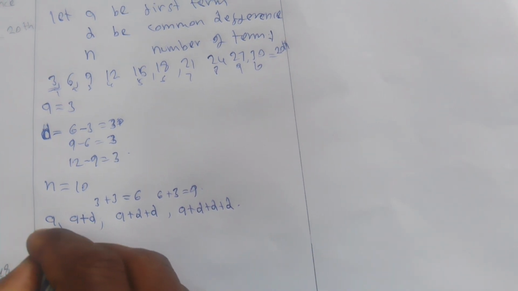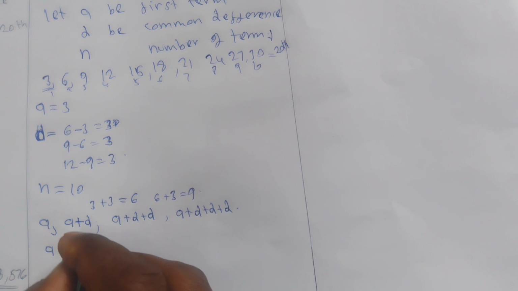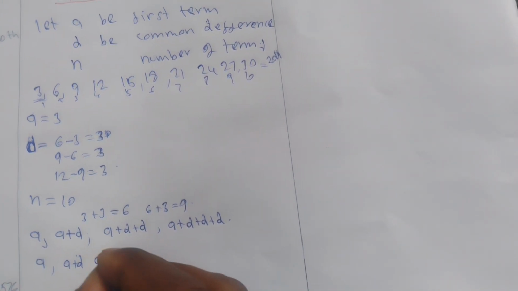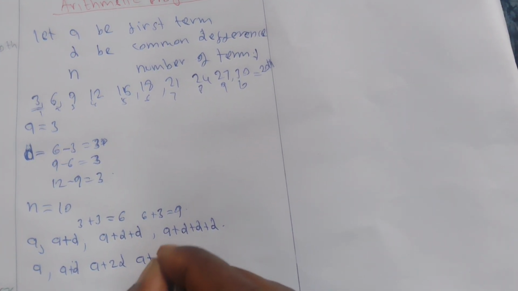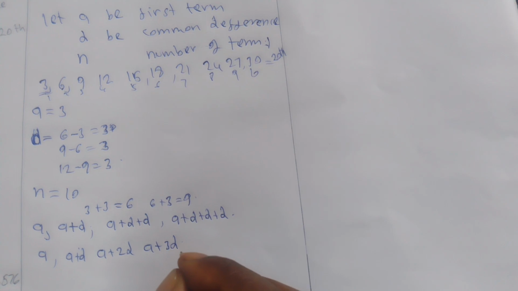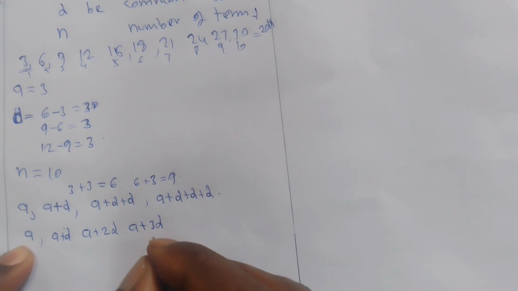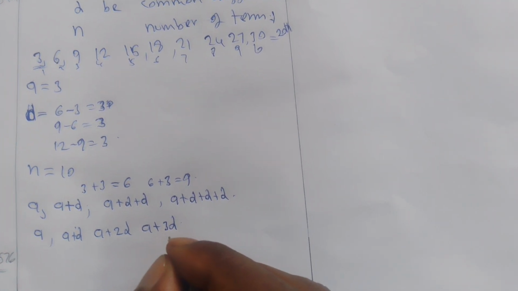So in short, the first term is a, the second term is a plus d, the third term is a plus 2d, the fourth term is a plus 3d. Why always 3d? Because the first one is being held by the first term. And that's where the formula comes from.